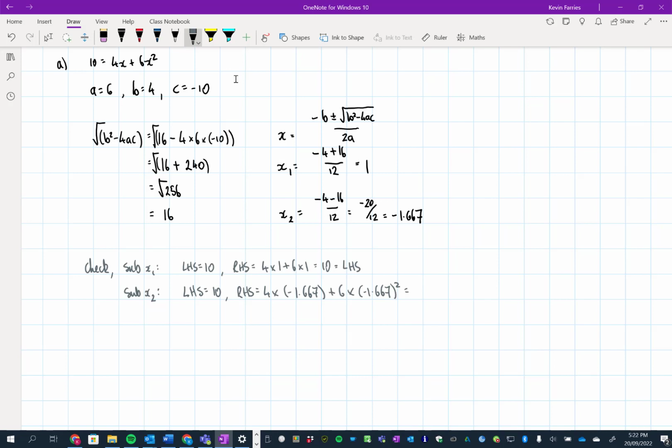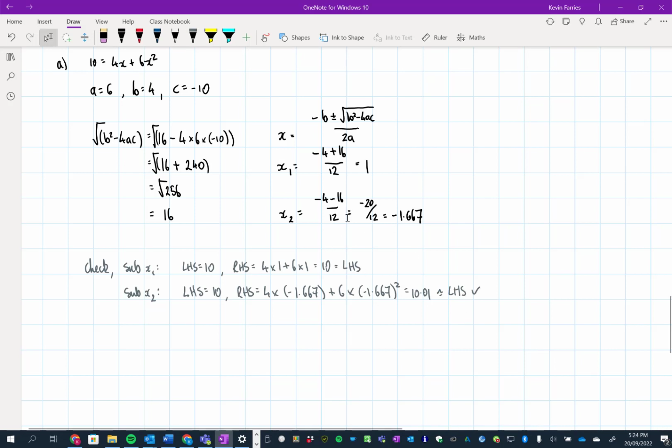If I chuck that in my calculator, I get 10.001, which is near enough given I've rounded that number, which is approximately equal to the left-hand side. Okay, so that works. So I've shown that both of these are solutions.